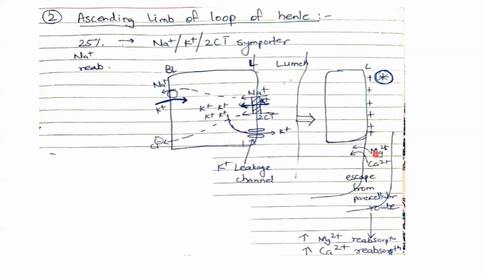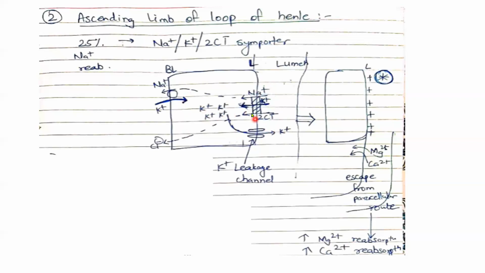Because of this, what happens? Magnesium and calcium leave the lumen. So they are getting reabsorbed from the paracellular space. All this tells you that at the ascending limb of loop of Henle, if things are working normally, potassium is coming into the lumen at the expense of sodium.